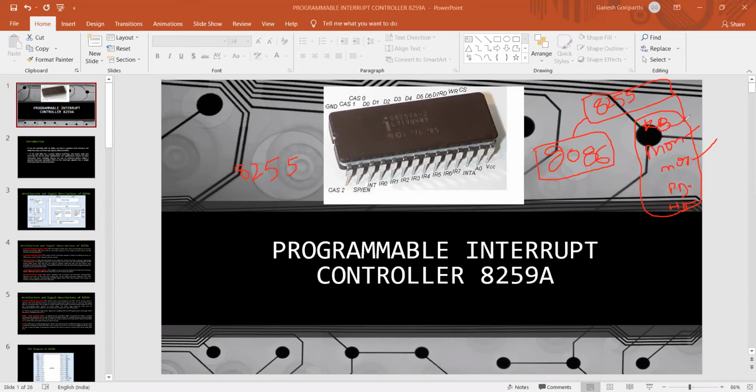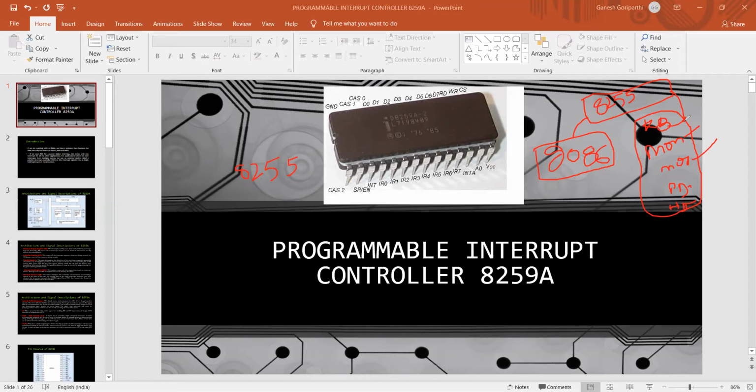Communication means the data transfer between these peripheral devices and the 8086. When the 8255 port is operating as an input port, a read operation is performed. When it is operating as an output port, a write operation is done. This we have seen till last class.